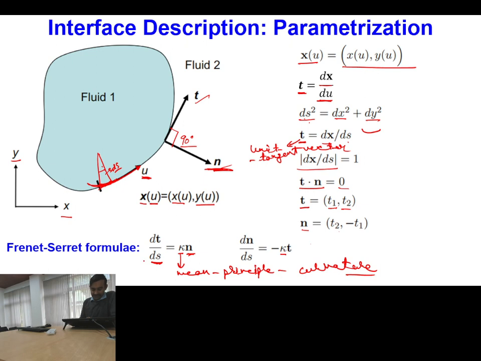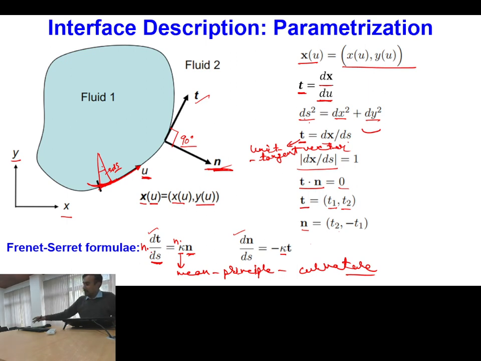Once you have defined the tangent and the normal vector, these two formulas can be utilized to determine the value of the mean principal curvature. How? If you take the dot product of this entire equation with the normal vector, on the right hand side n dot n will be equal to 1, because n is a unit normal vector, so its magnitude is 1 and cos of 0 is unity.